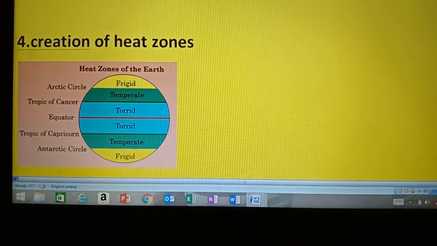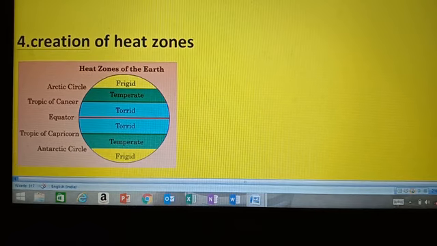Now, inclination of Earth's axis, we have studied about perihelion and aphelion positions also. I've told you what is perihelion and aphelion. When the earth is closest to the sun, the position is called perihelion, and when it is farthest from the sun, it is called aphelion. The aphelion distance of the sun is 152 million kilometers, while at its closest at perihelion, the earth is 147.3 million kilometers.